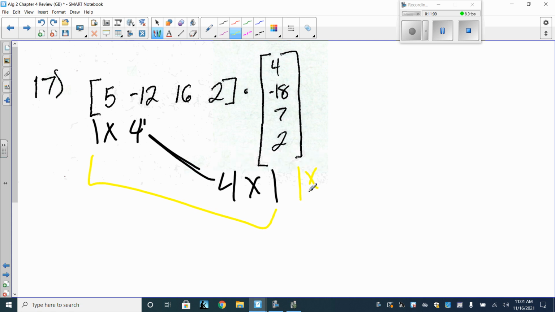It should be a 1 by 1. And this would be 352. There's an awkward space on the answer key, but it is one number, 352. Any other questions on these here? And number 19 does not work.